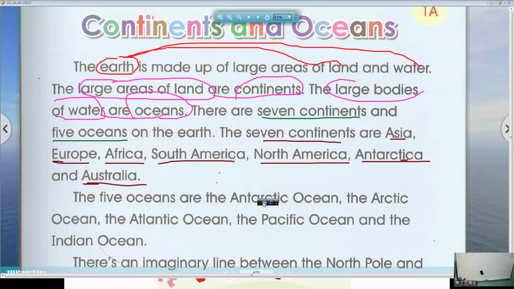The five oceans are the Atlantic Ocean, the Arctic Ocean, the Pacific Ocean, and the Indian Ocean. Okay, so 5 oceans. We have Antarctic Ocean, Arctic Ocean, Atlantic Ocean, Pacific Ocean, and Indian Ocean.